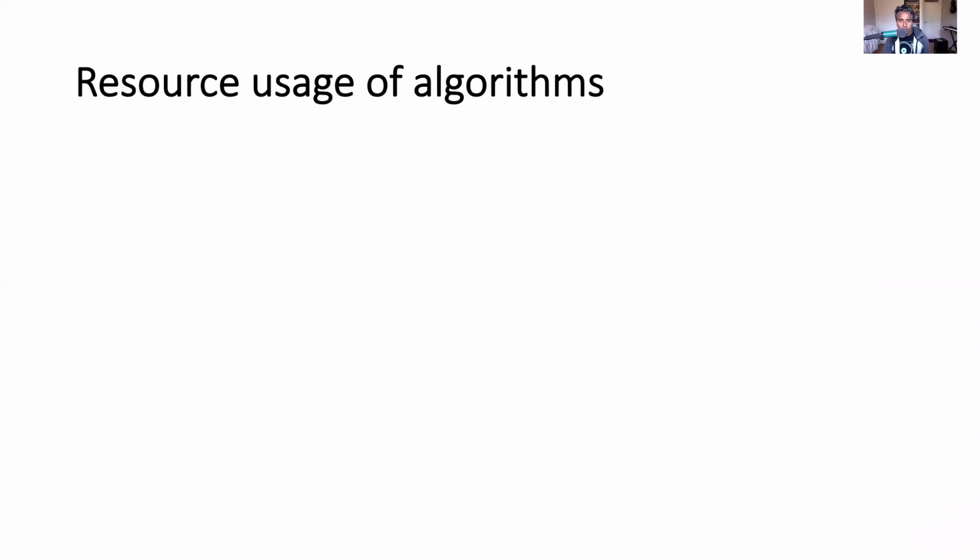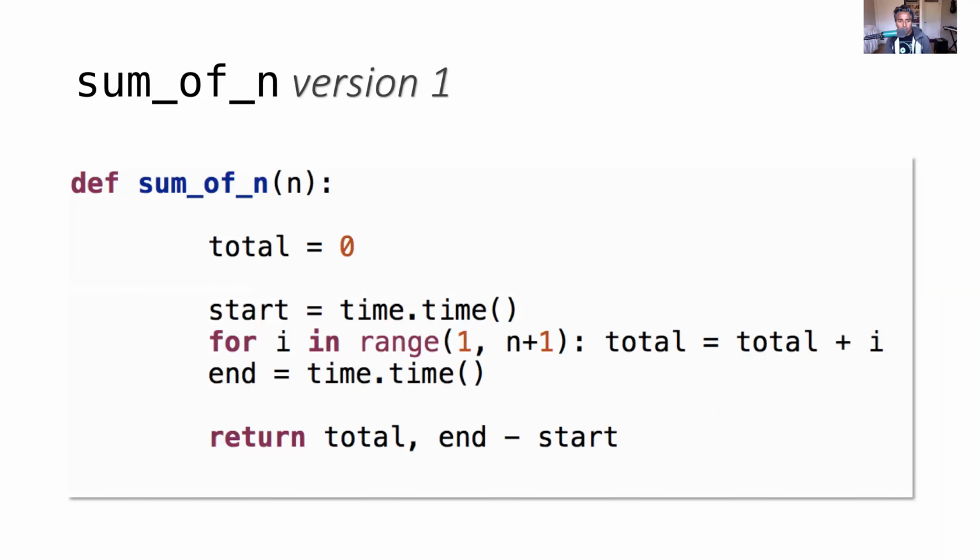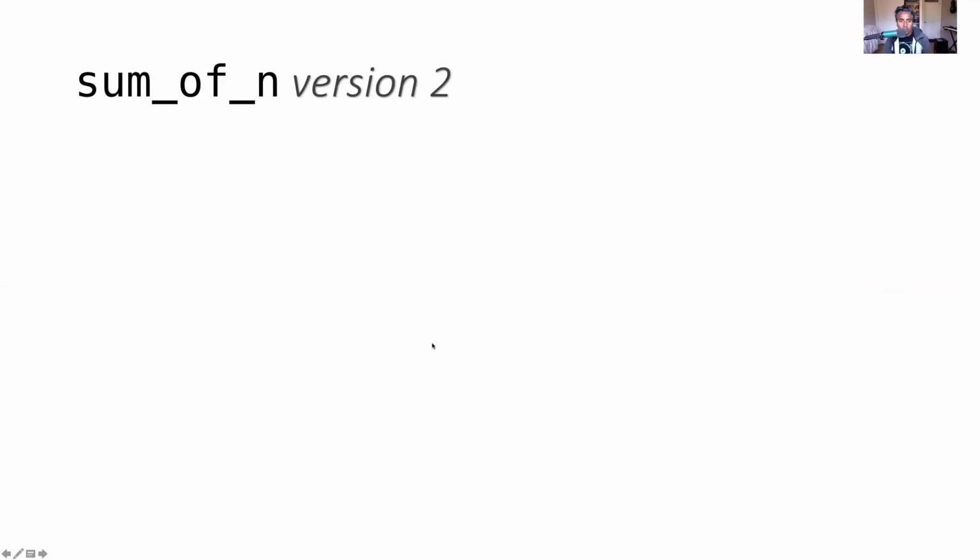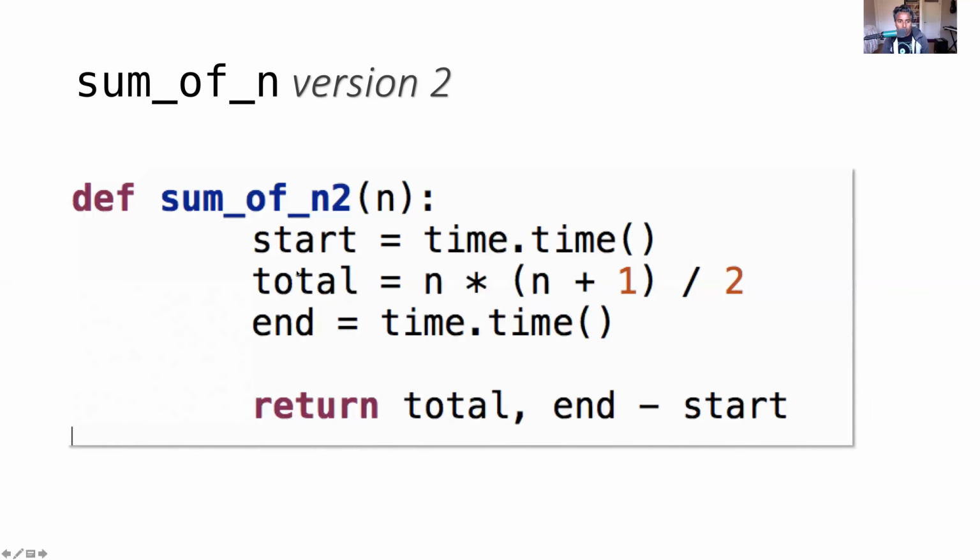So if the input size is, let's say, 1000, then this operation will repeat 1000 times. Whereas in the other piece of code, this operation is independent of the input size. It's always just one operation regardless of the value of n. That's the type of comparison we probably want to do.